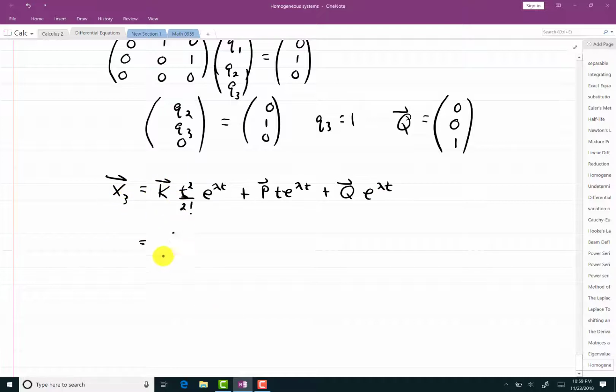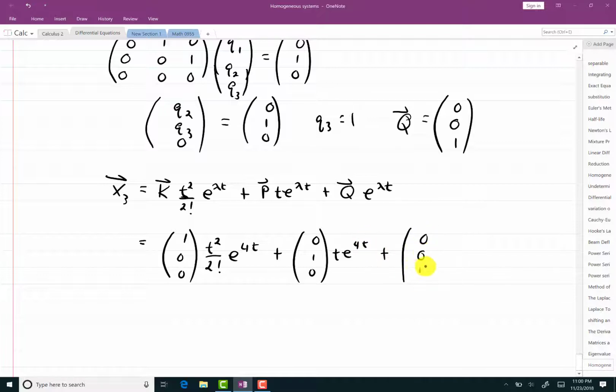My k is 1, 0, 0, t squared over 2 factorial e to the 4t, plus 0, 1, 0, t e to the 4t, and finally plus 0, 0, 1, e to the 4t.